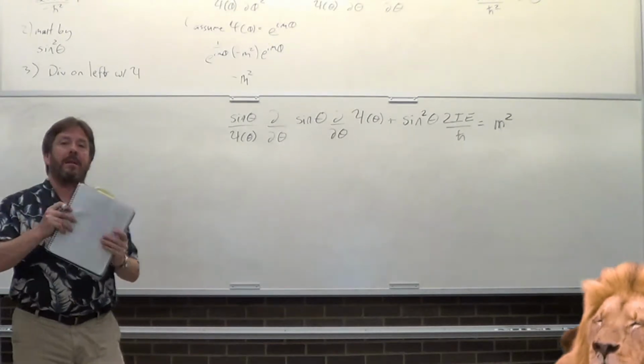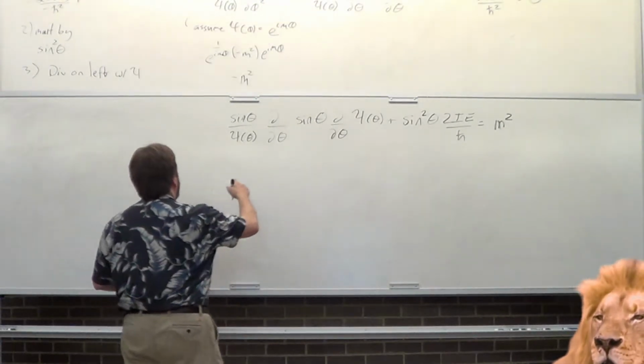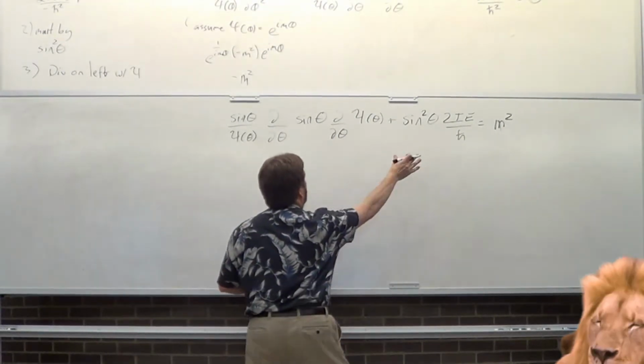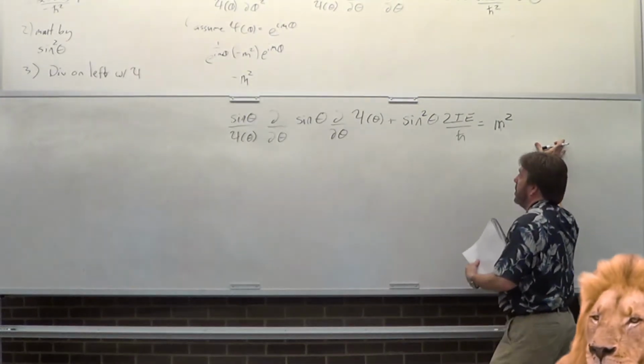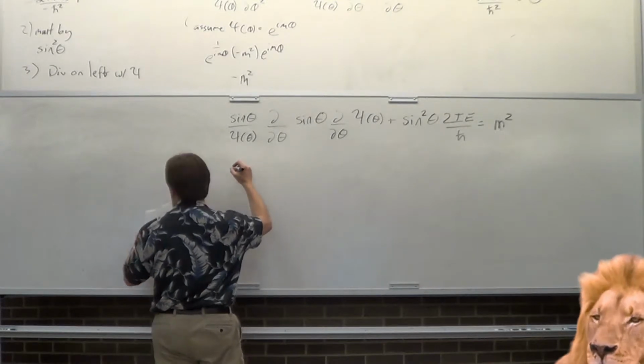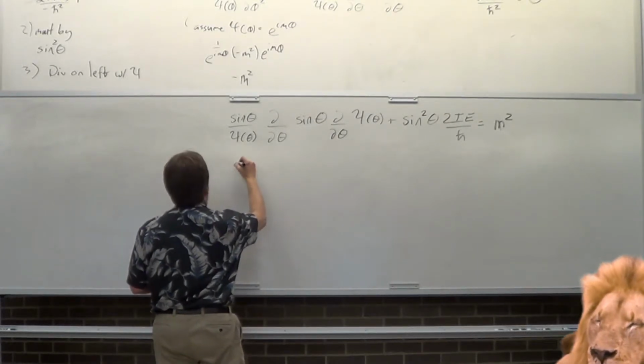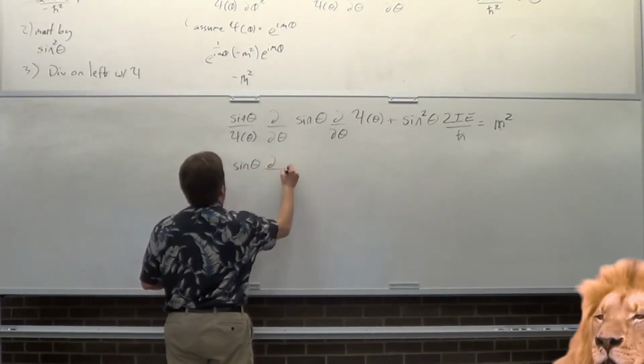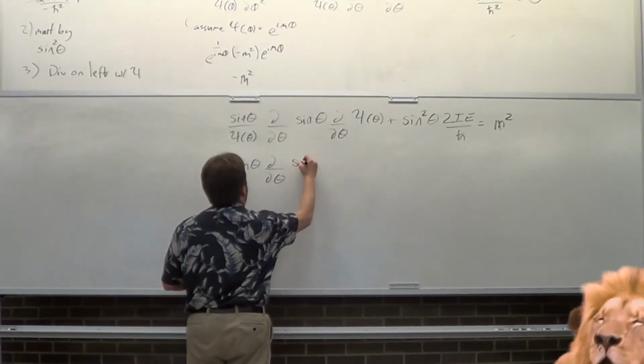Let me unpack it, let me just do some algebra. What I'm going to do is bring everything that's a constant over here, and then multiply the wave function back out. So what I've got is sine theta, and theta.